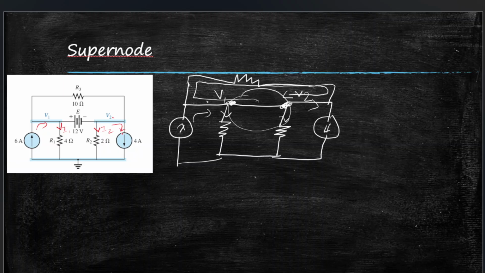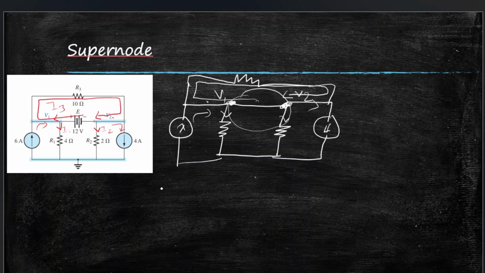And then the supernode current that was created here will go like this. It will create a loop and come back here. Let this be I3. So we can see that I3 is exiting V1, but it's coming back and entering V2, right? So we will have this I3 showing up twice in the equation.